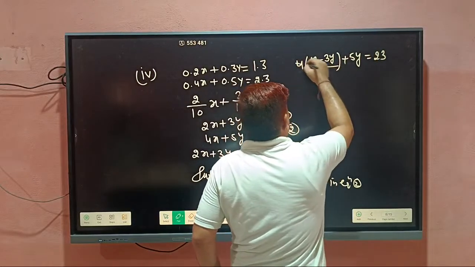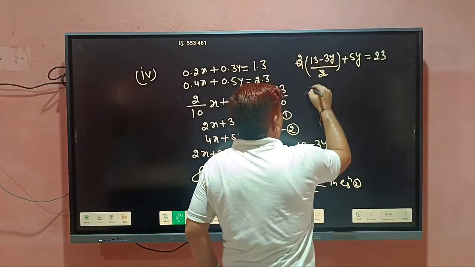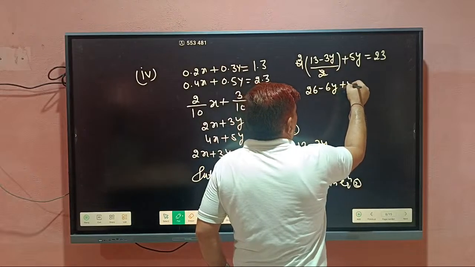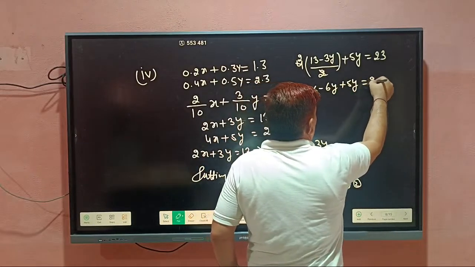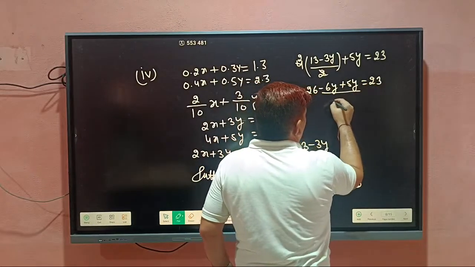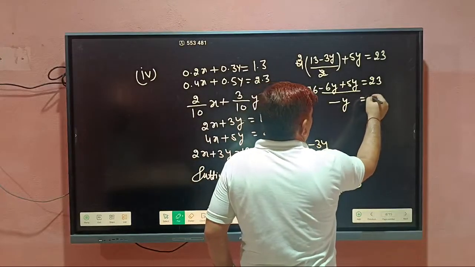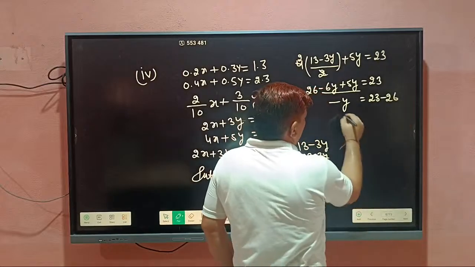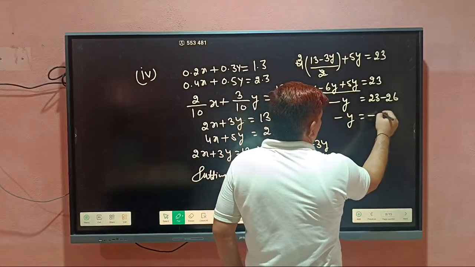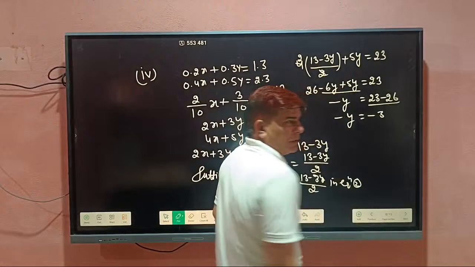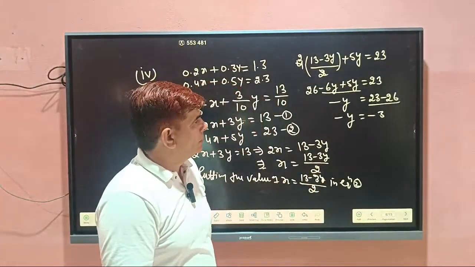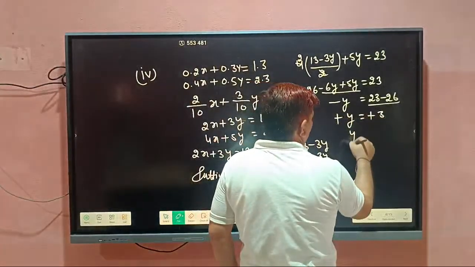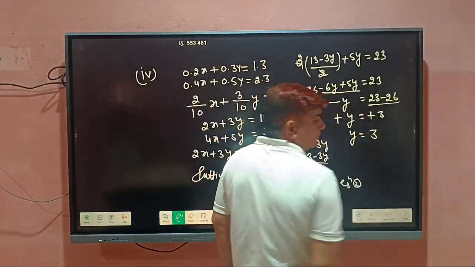So this cancels this. What's coming is the multiplication: 26 minus 6y plus 5y is equal to 23. If you operate this, minus y is equal to 23 minus 26, so minus y is equal to minus 3. You know how to operate these. Understood? So this cancels this, so y equal to 3.